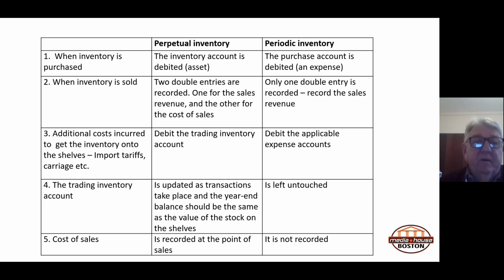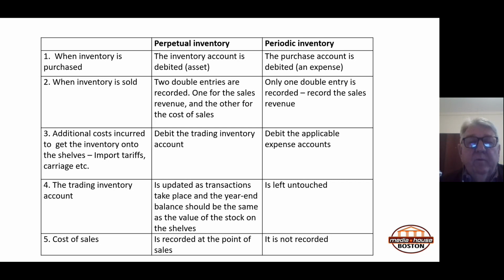The one is called the perpetual inventory, and the other is called your periodic inventory. Okay, so what we mean by perpetual inventory, this is normally used in systems where you know the price of every product that you purchase. So when you sell the product, you know what the exact price is of that product. Okay, so that will be a perpetual inventory system.